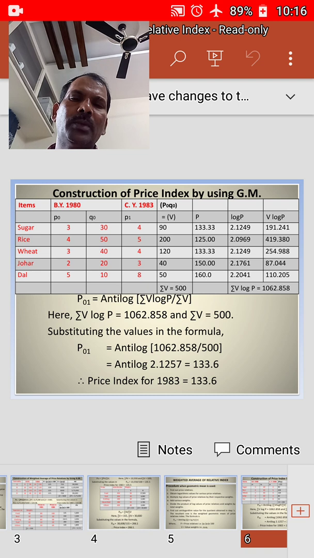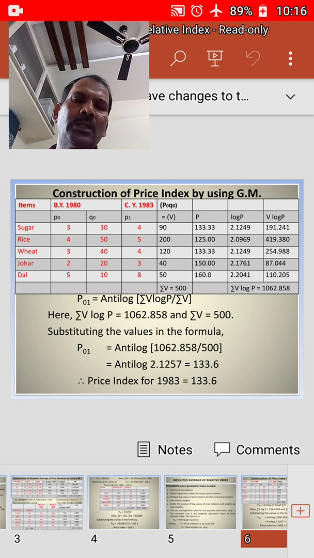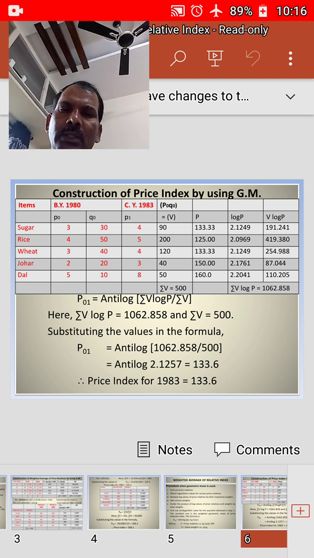Substituting these values, P01 is equal to antilog of 1062.858 by 500, which is equal to antilog of 2.1257. If you take the antilog of 2.1257, you will get 133.6. Therefore the price index for 1983 will be 133.6.